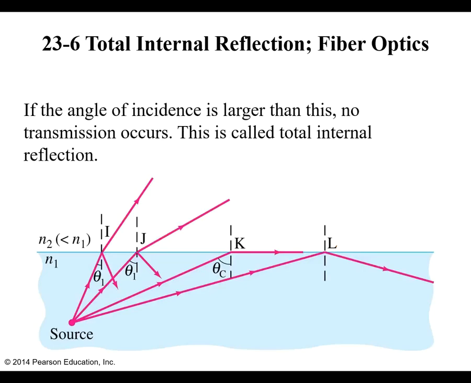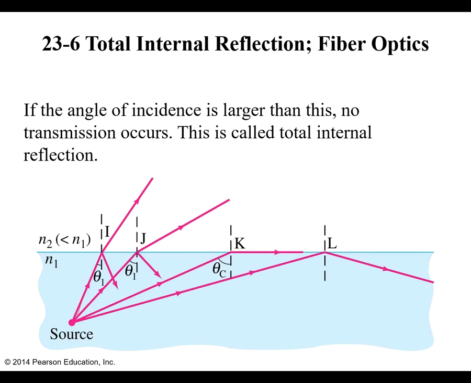So here's another picture showing what's going on. n1 is larger, n2 is smaller. So this would be going from glass to air, glass to water, water to air. Any of those would work. Perhaps you've seen this in a fish tank. If you look in the sides and the back of the fish tank, you'll often see reflections inside the fish tank. Why?